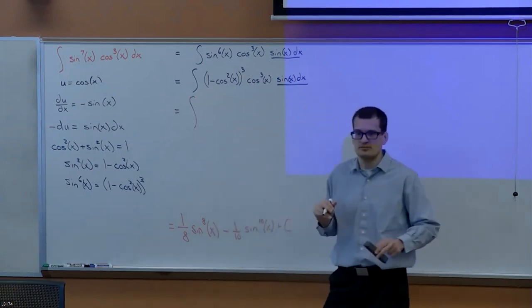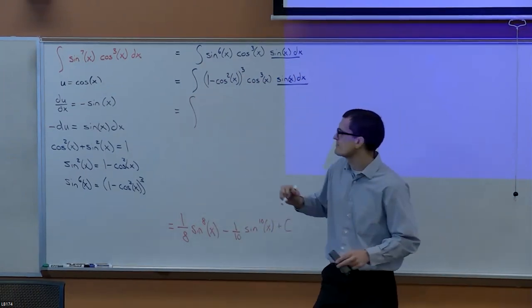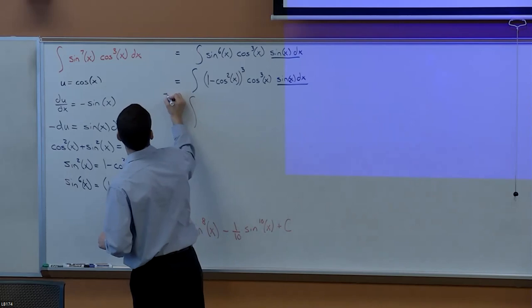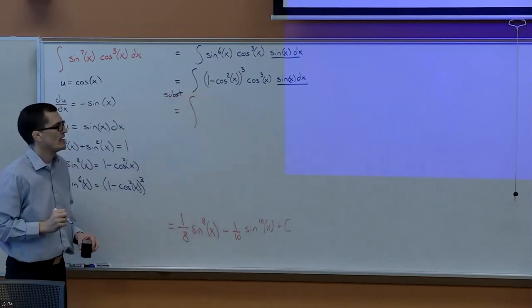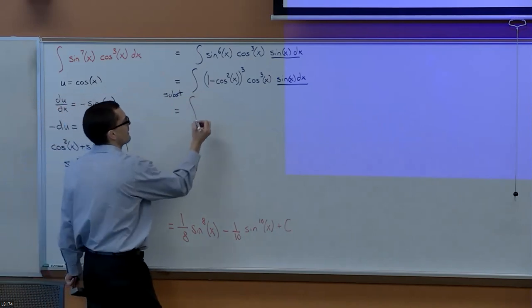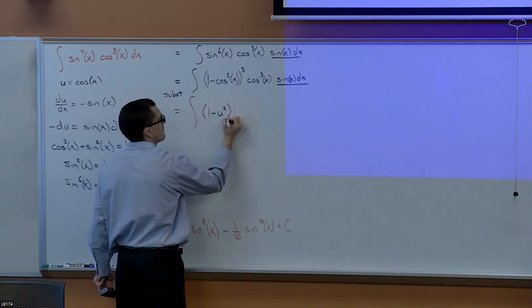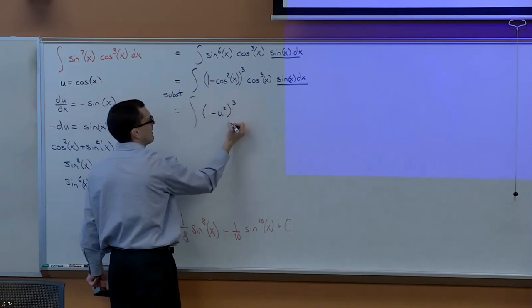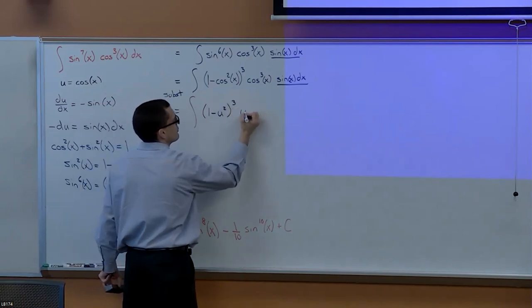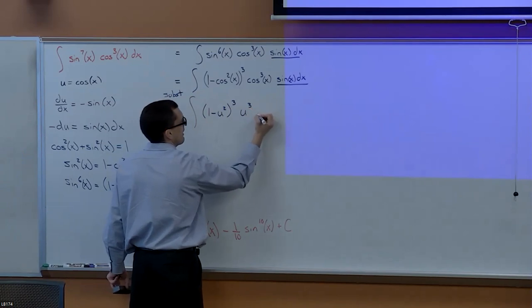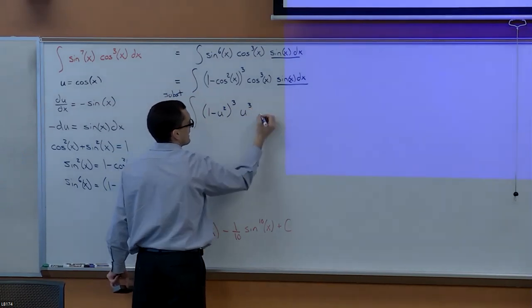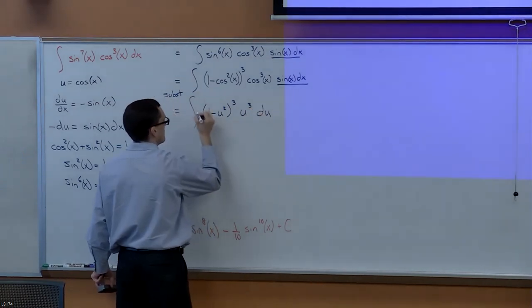Now I can do my substitution. So I'm going to get 1 minus u squared raised to the third power, u raised to the third power, and this is negative du.